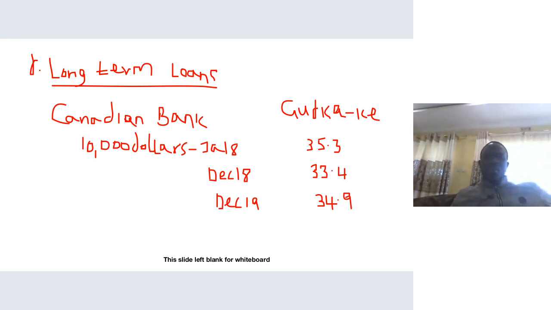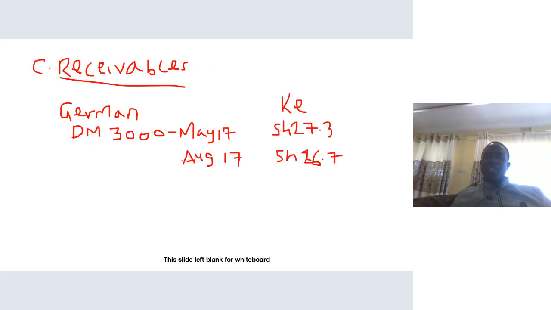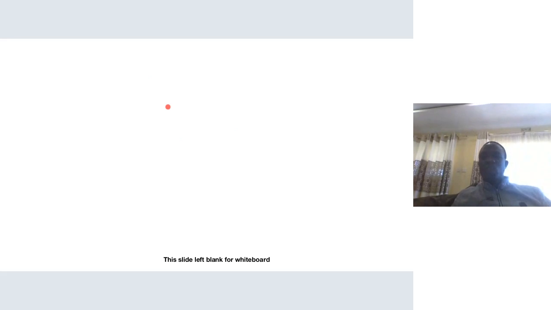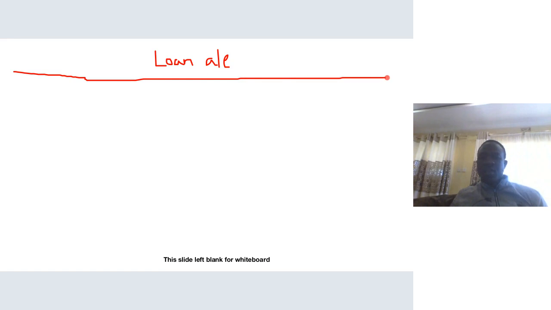So we start with the January 2018. Remember, this is a liability, so any increase in liability is always credited. So maybe we can have the title first. You can write Goodcar loan account, again having both the debit and the credit side.